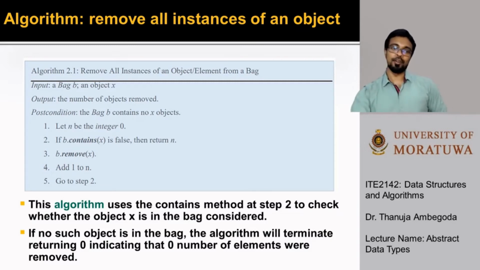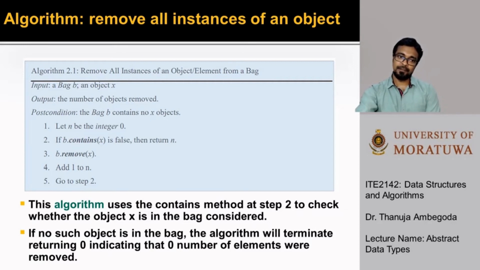So what's the pseudocode now? Step 1, let n be the integer 0. So n equals 0. Next step, if B contains X is false, then return n.